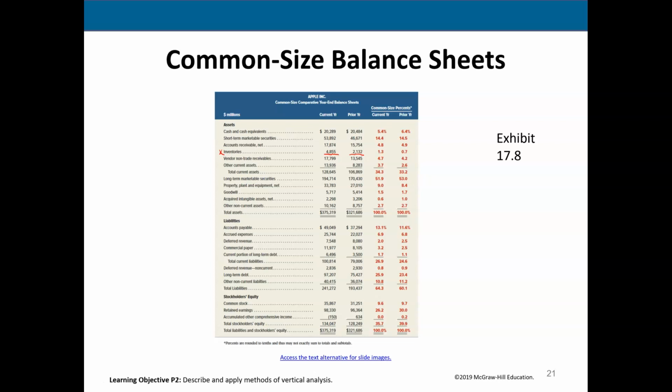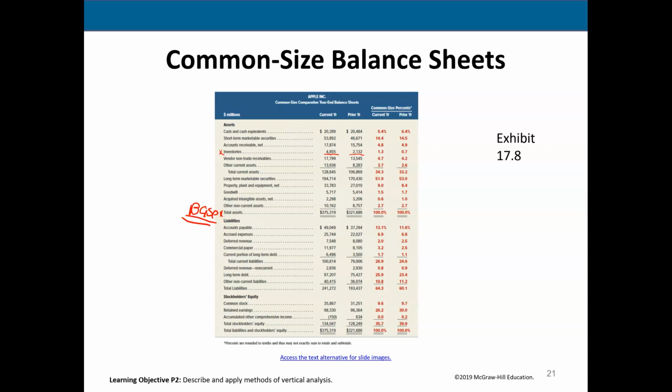Your common size percent here is 1.3. Where you get that number is with balance sheets, your total assets is your base amount. This is your base that you compare everything to.